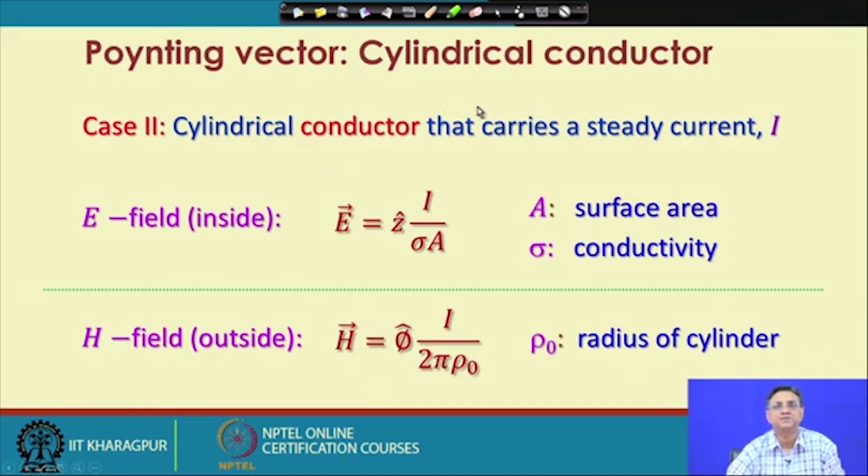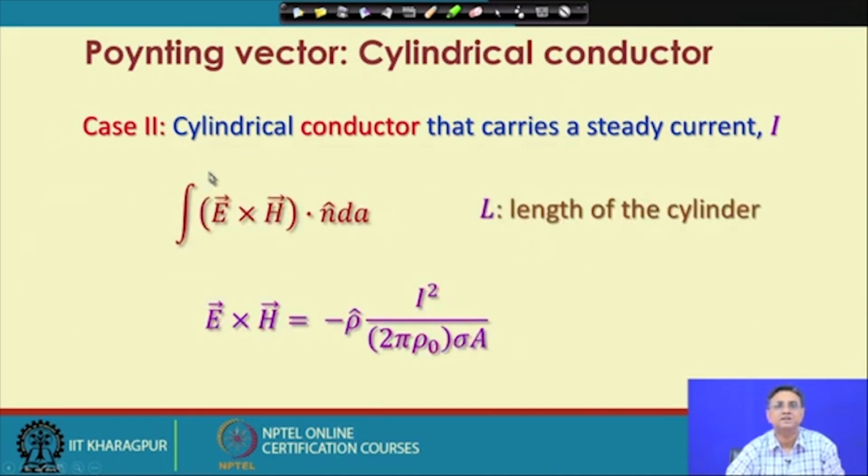Representing the cylindrical conductor that carries a current I, we can write the Poynting vector in this way: E cross H dot n dA, where we consider a certain length L of the cylinder.